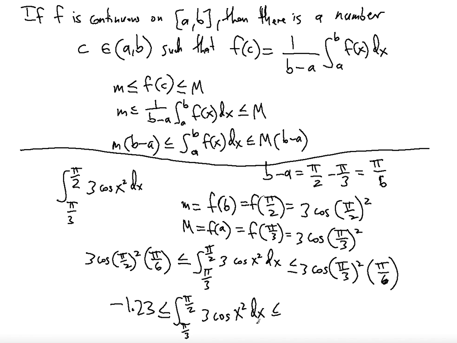So that's going to give me the upper limit, which is going to be rounded to the nearest tenth as 0.72. Okay, so once again, this integral is approximated from the least value, negative 1.23. It's between negative 1.23 and between 0.72, the endpoints included.